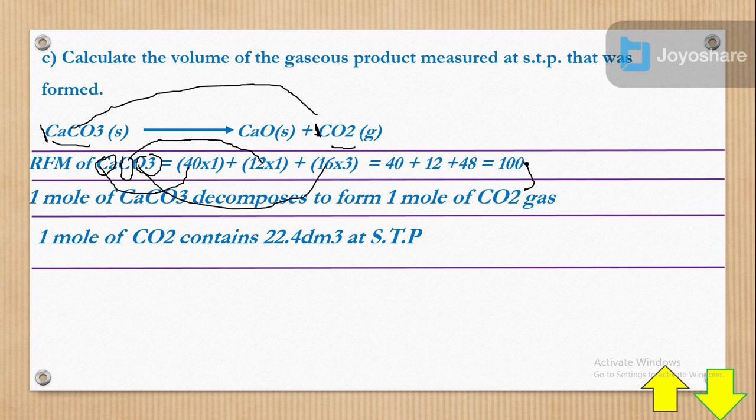So it means that since everything is talking about 1 mole of carbon dioxide, you can just substitute it here. Therefore I can say 1 mole of calcium carbonate decomposes to form 22.4 decimeters cubed of carbon dioxide, so that you can easily relate. Let's move on.